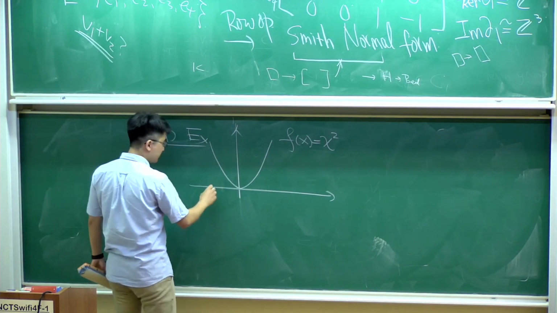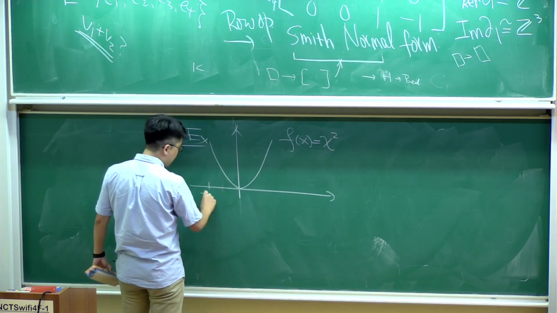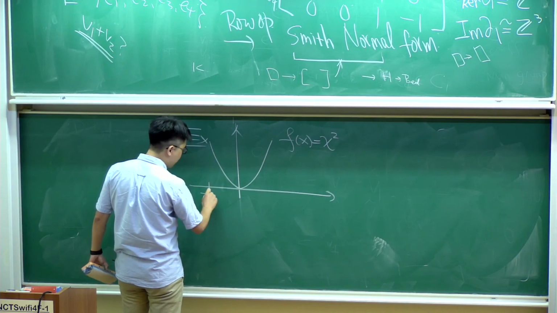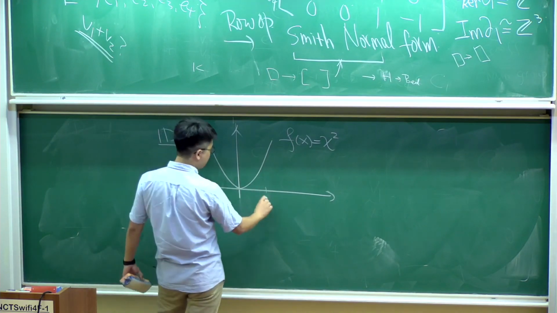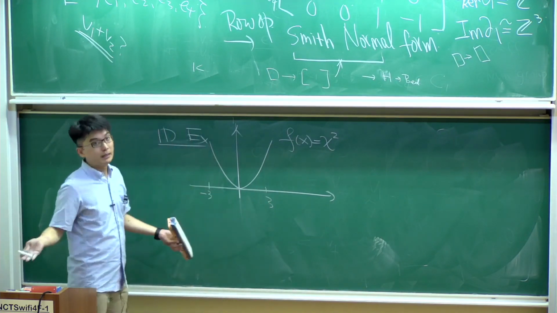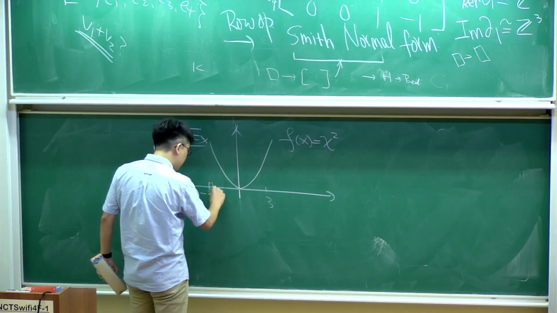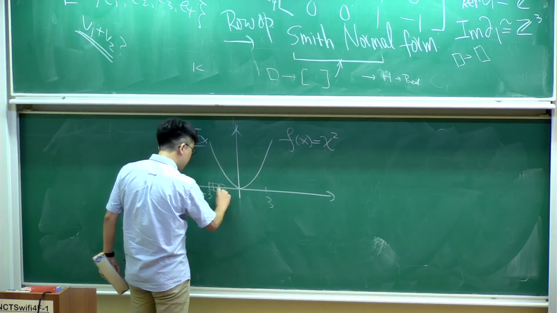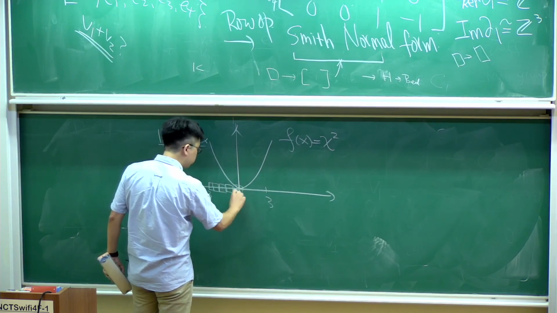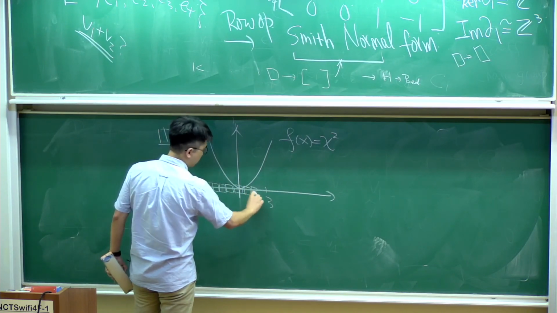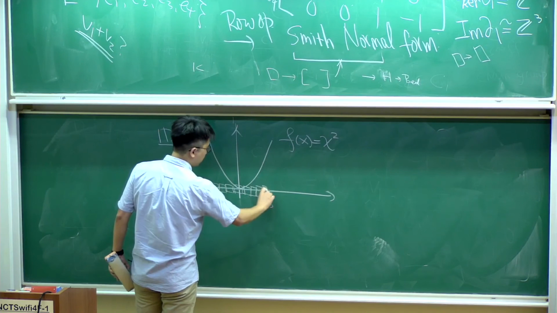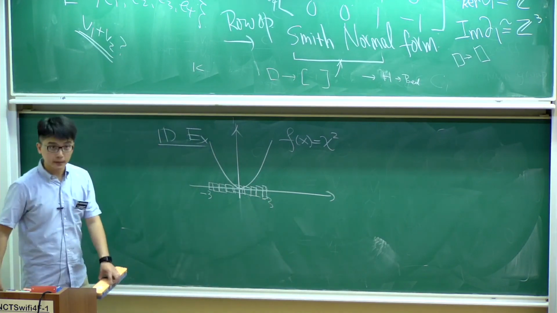For instance, I discretize this from -3 to +3. So I can do it on a very small uniform grid, just to be consistent.